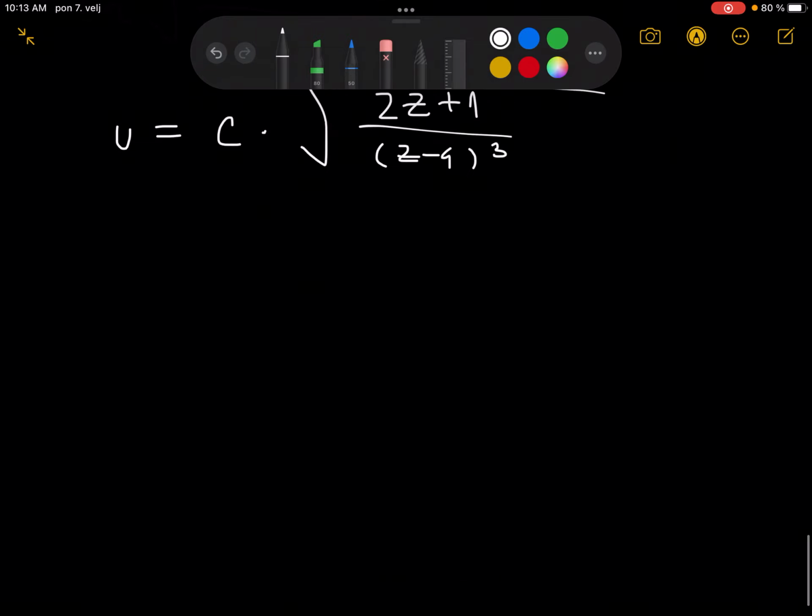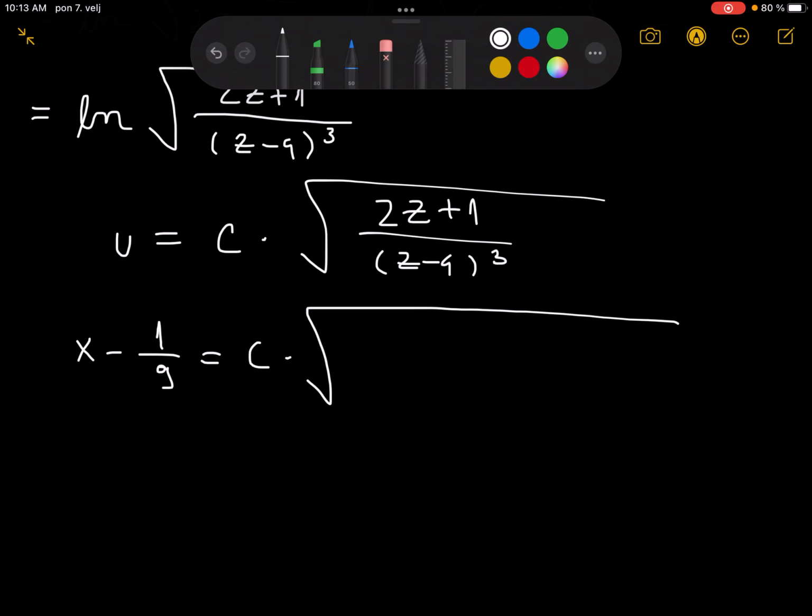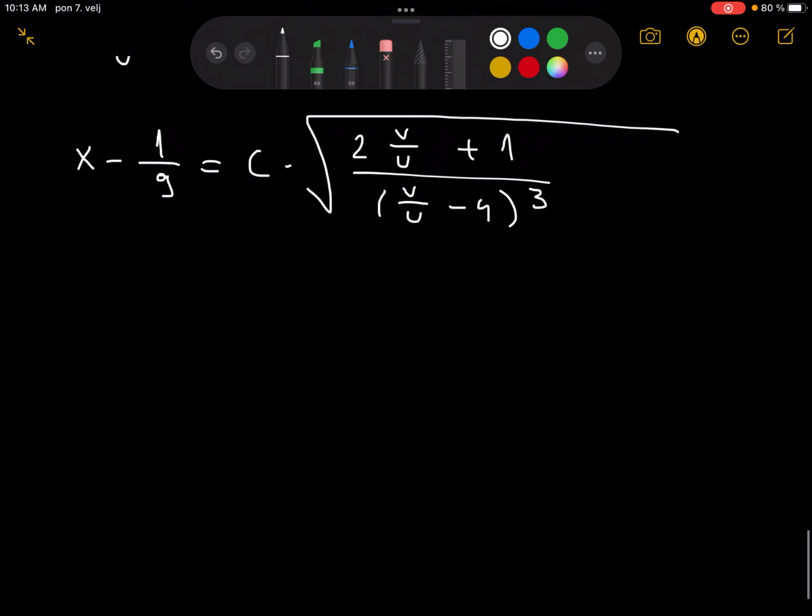So x minus 1 over 9 is equal to c times the square root of 2 times what was z, v over u, 2 times v over u plus 1 over v over u minus 4 to the third power.